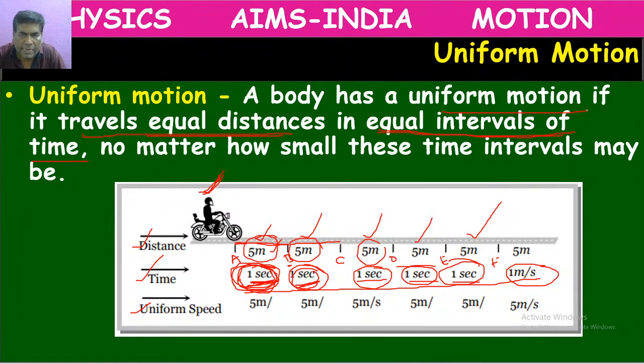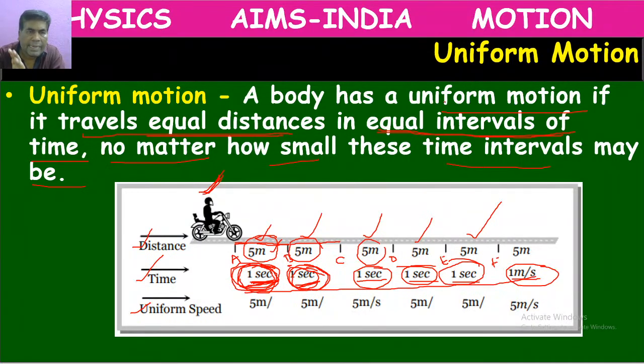Here the condition is, no matter how small these time intervals may be. Because here we have taken time intervals of 1 second, it is not compulsory that we have to take 1 second. We can take 10 seconds, 20 seconds, or half a second.